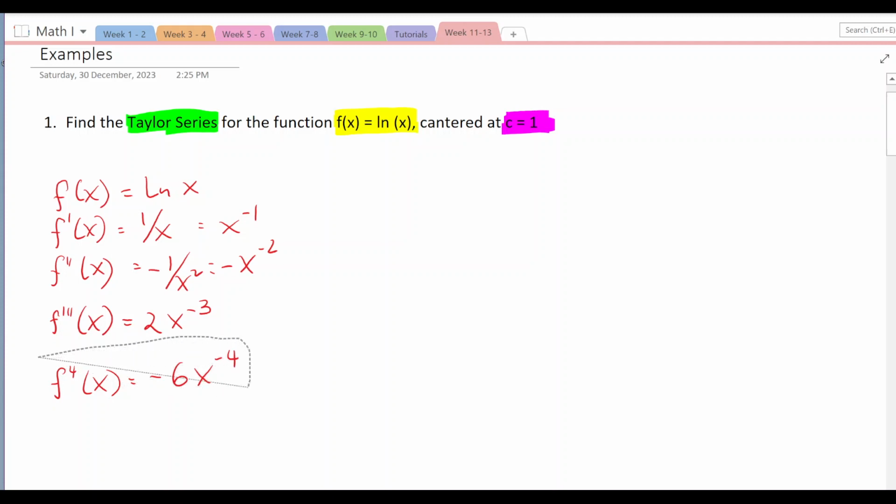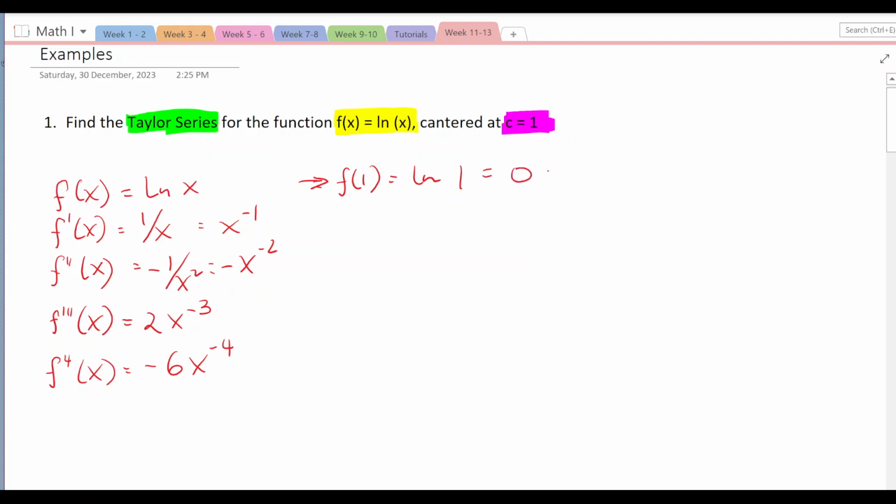Let me just tidy up things a little bit. And then the second step is to find the value. For example, center at 1, therefore we just substitute. f of 1 equals ln x, then it must be ln 1, and therefore equals 0.